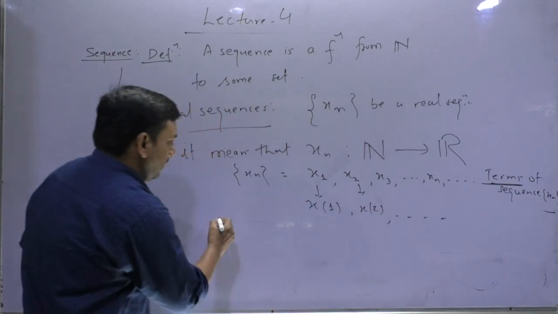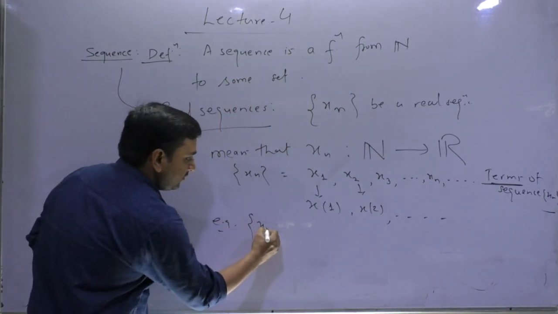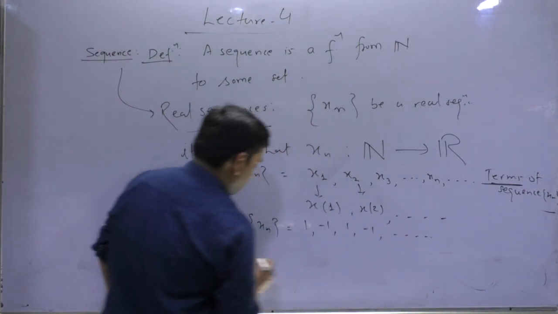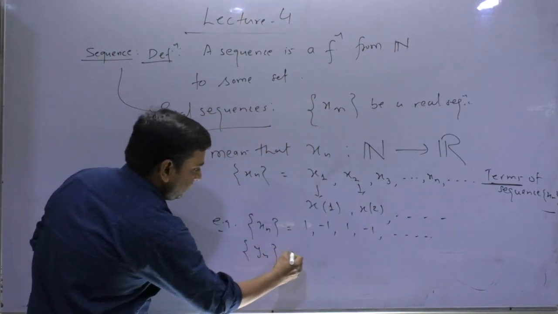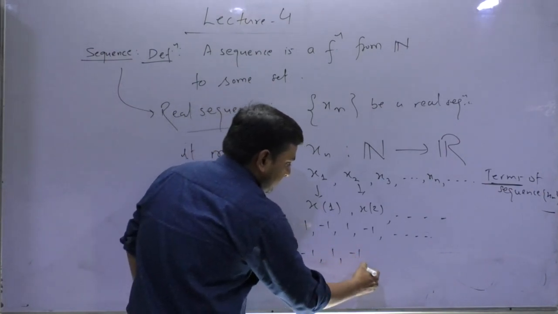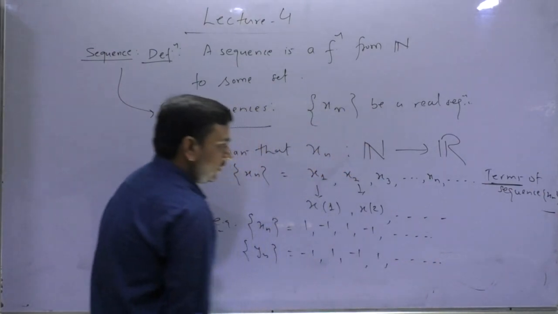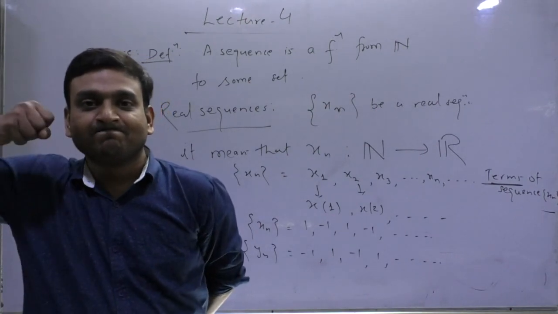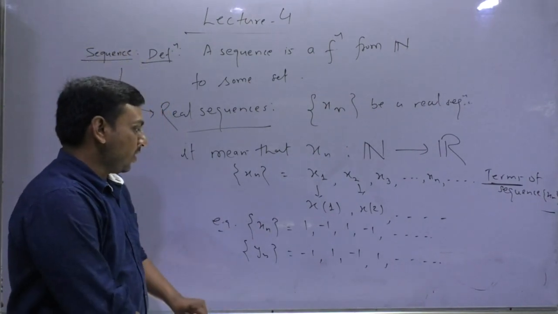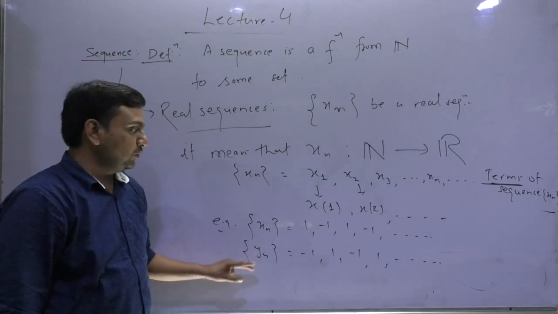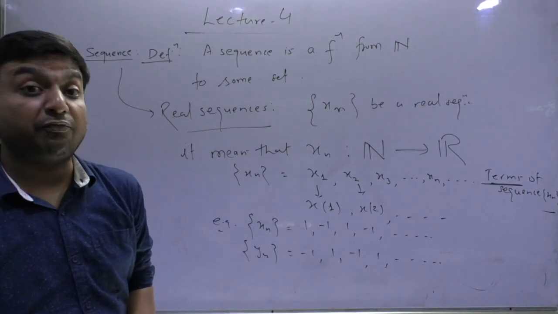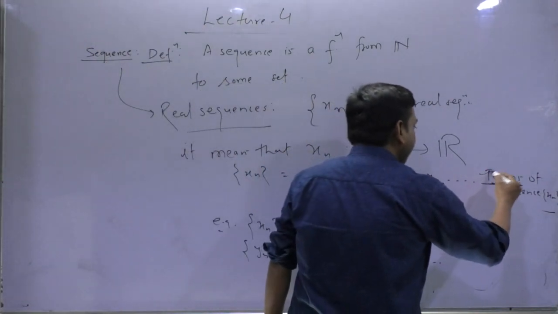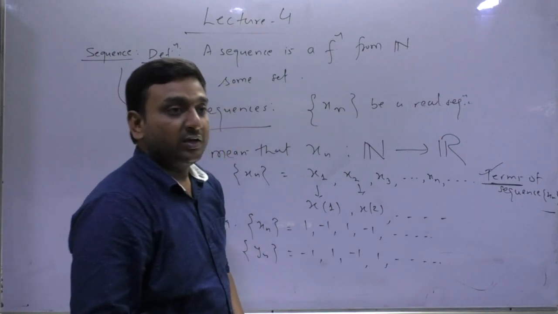For example, if we take two sequences like xn as 1, minus 1, 1, minus 1 and another sequence yn as minus 1, 1, minus 1, 1 and so on. So these two sequences are equal? No, not equal. These two sequences are completely different sequences and the answer lies here. What I told?